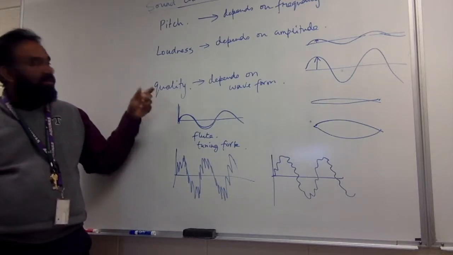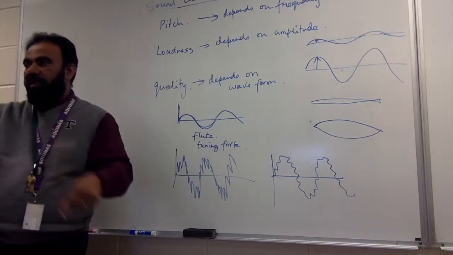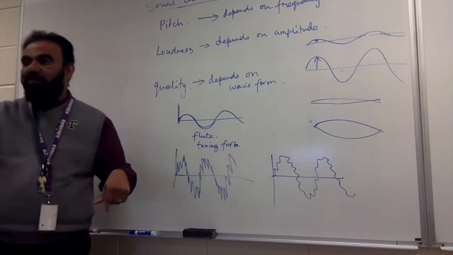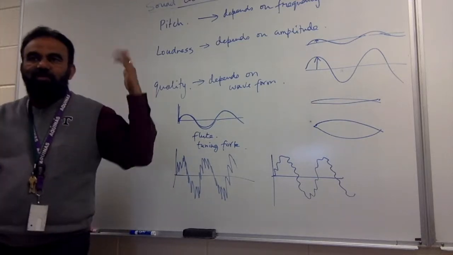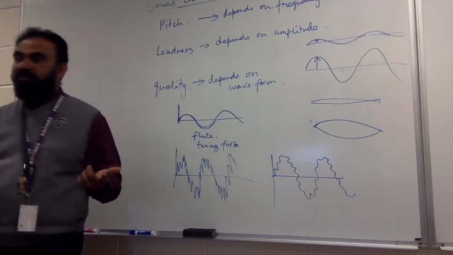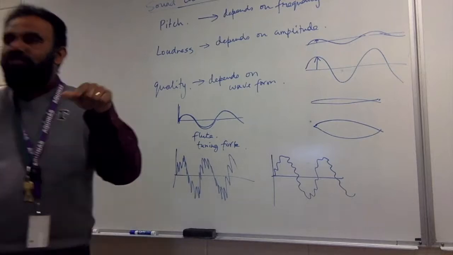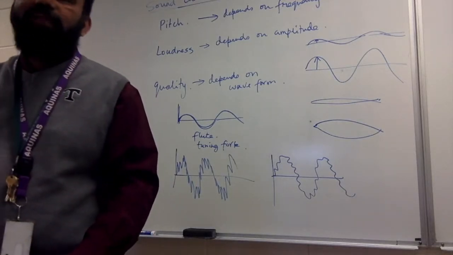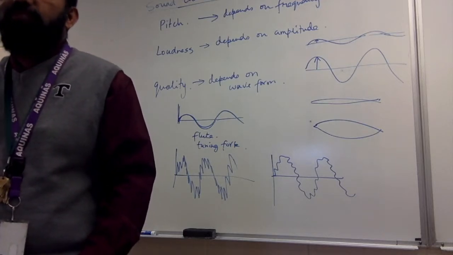What is this one? Playing the same note C, the same loudness, but one is a flute, the other is a violin. How is your brain able to say which is a violin and which is a flute? That is quality. In fact, a lot of sounds that we hear normally are recorded in your brain. That's how when you hear a bird chirping, you may be able to say what bird it is.